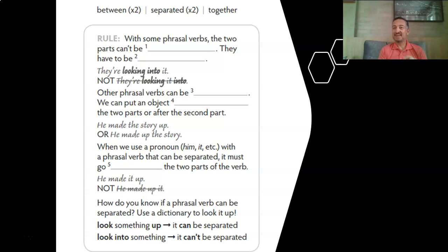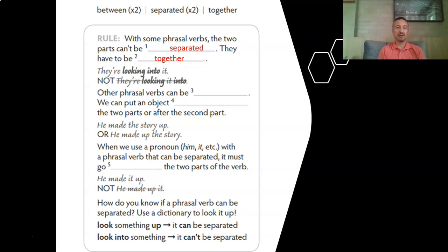So let's complete the rule together, or let's check what you have already completed. With some phrasal verbs, the 2 parts can't be what? Can't be separated. They have to be together. For example, they're looking into, not they're looking it into.